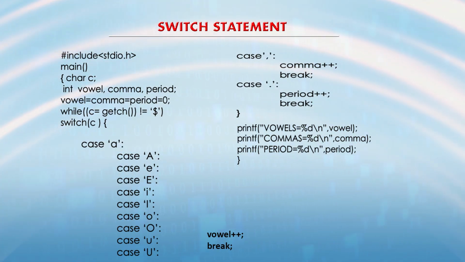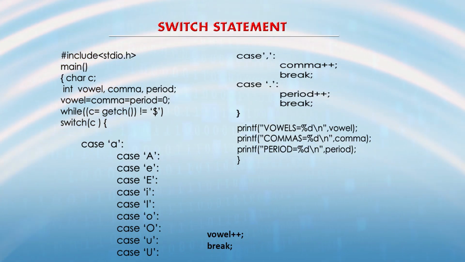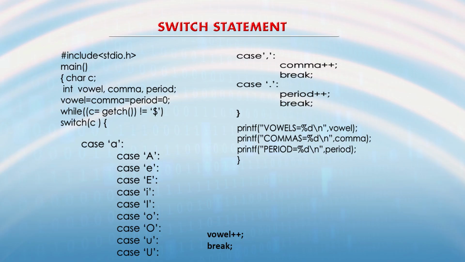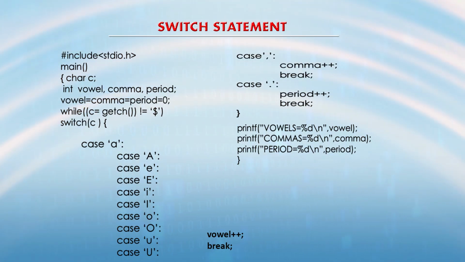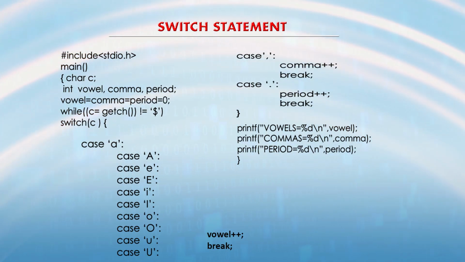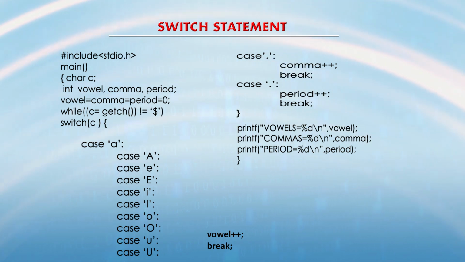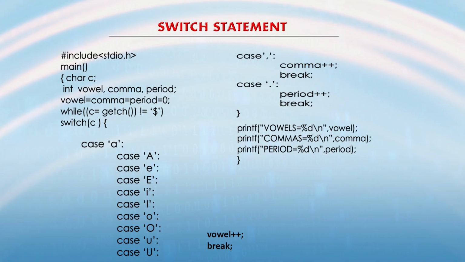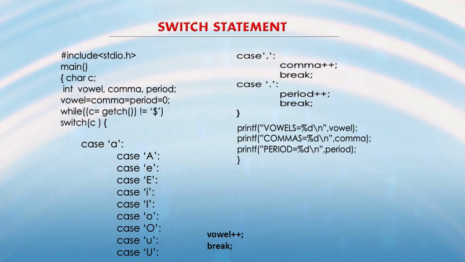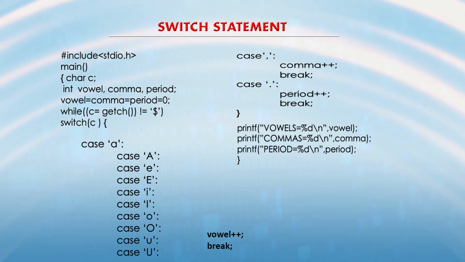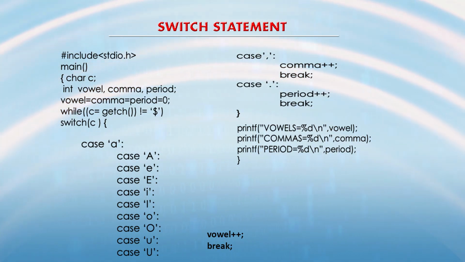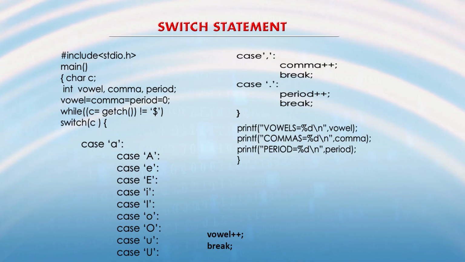Case A, because vowels are A, E, I, O, U. So if you enter the character A, E, I, O, U, automatically the variable vowel, which is of data type int, will be incremented, and when some comma is entered, then the variable comma will be incremented. If some full stop or period is there, that means the period variable will be incremented.